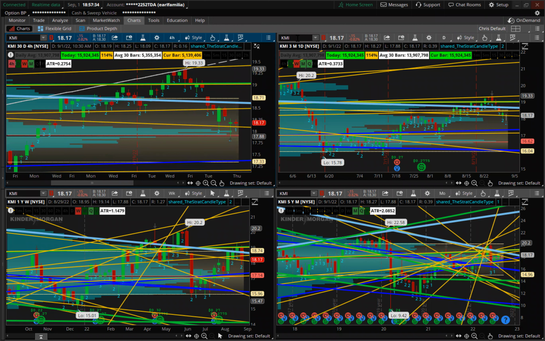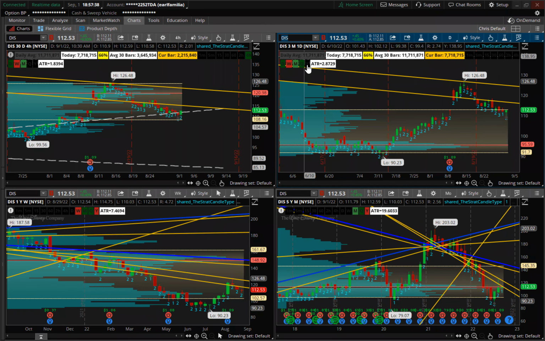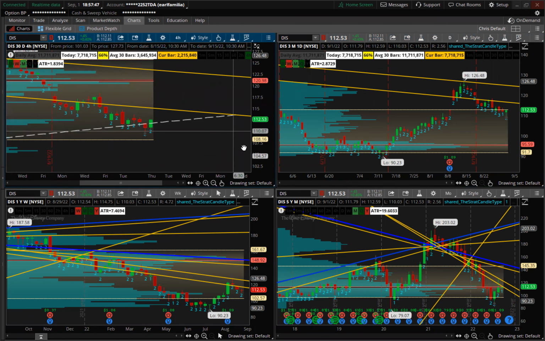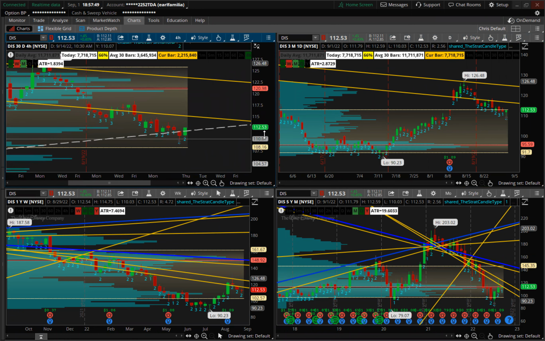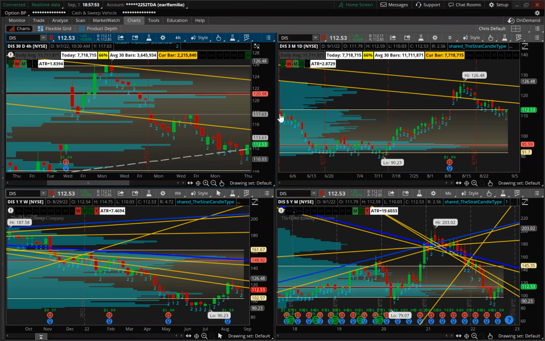Take a look at Disney. So Disney, similar to a lot of what we've seen today, a lot of tickers that have been trending down, you see that they had a very strong afternoon. They look real good. In the case of Disney, again, it made a new low on the day, even though it wasn't hammered.